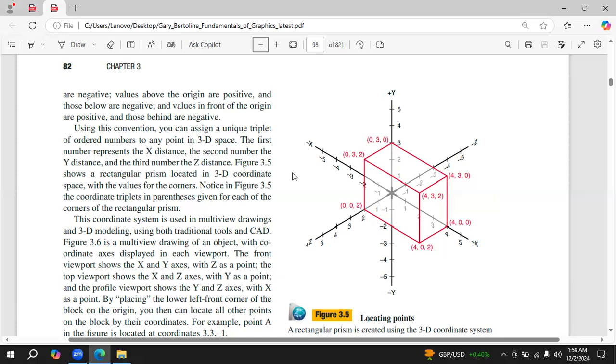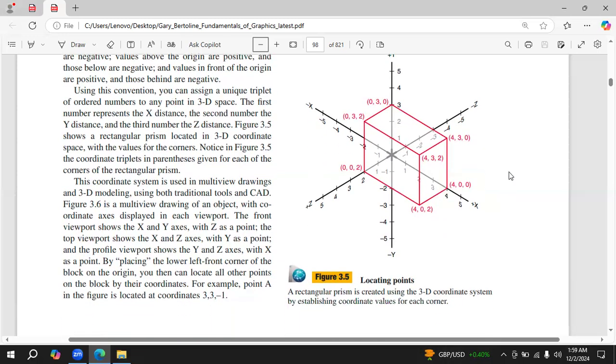So here you have an example of a rectangular prism in figure 3.5. If you see, after locating 3 points using each axis, you do have a distance in space, or I would say in 3D space.